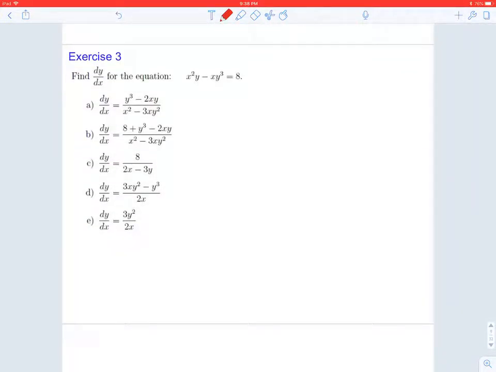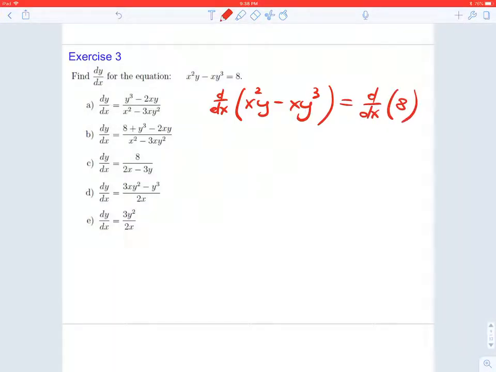Exercise number 3. The same thing. Let's differentiate using implicit differentiation x squared y minus x y cubed equals 8, with respect to x. Both of the terms are products. Please remember to use the product rule.